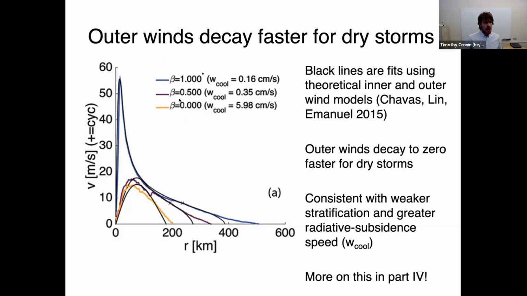That radiative subsidence speed, W cool, is much larger for the dry simulations than the moist ones because the environment is much closer to a dry adiabatic stratification, and so has much less static stability. The adiabatic warming is much weaker. I might get to more of this in part 4, but I suspect I'll just leave those as extra slides in case anyone's curious.